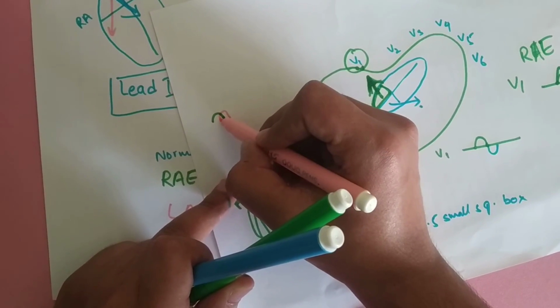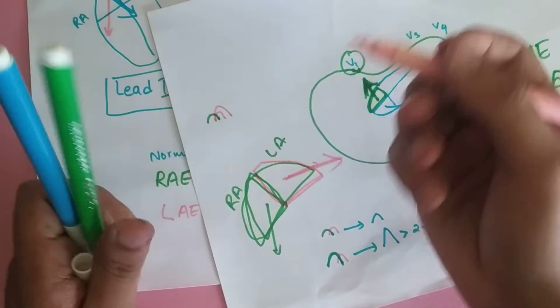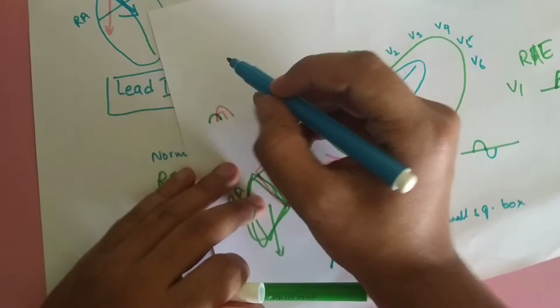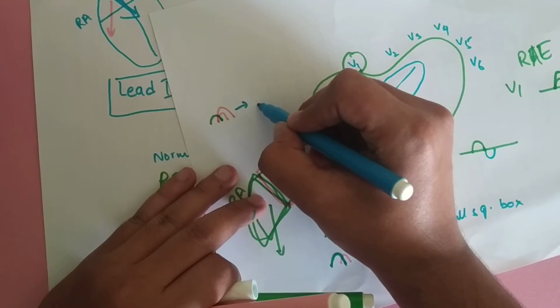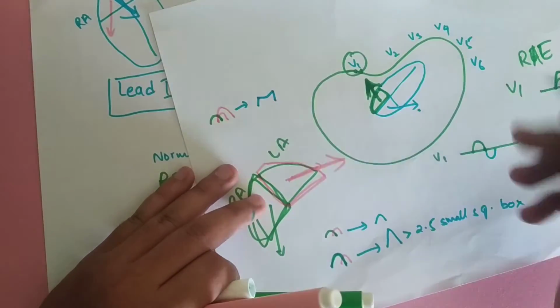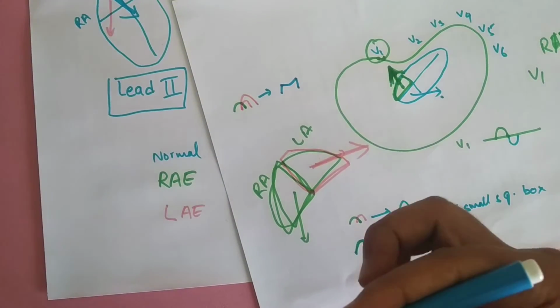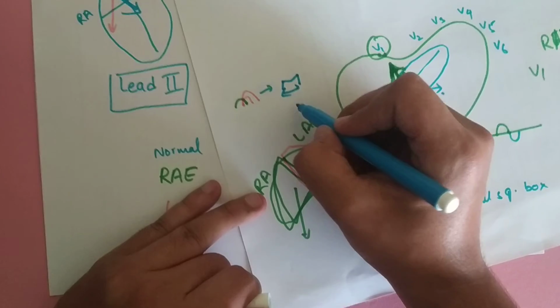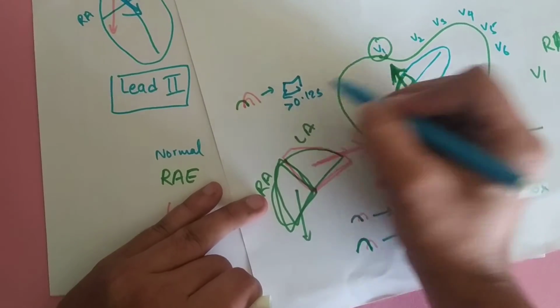However, in case of enlargement, this will be more. So the resultant ECG P wave will be a double-peaked P wave, like this, and the duration will be greater than 0.12 seconds.